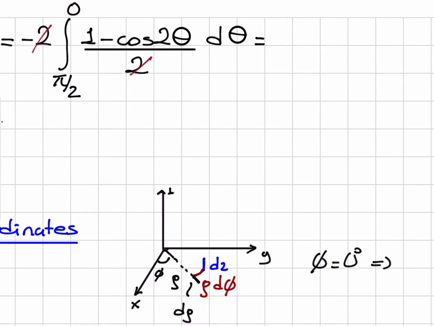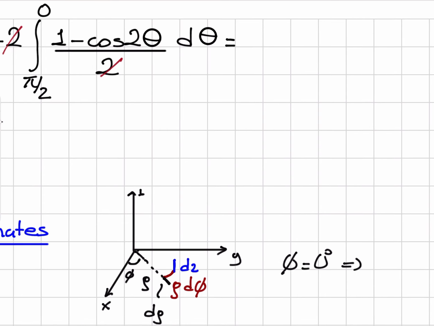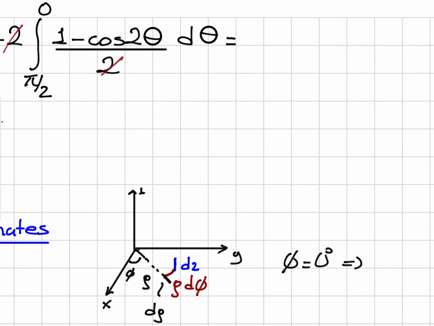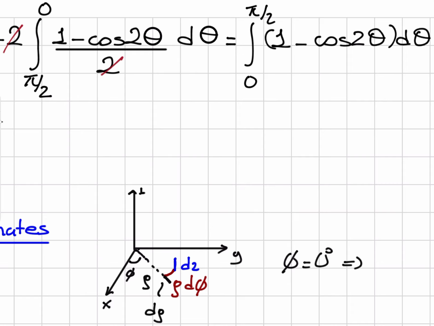And this will give me the integral 0 to pi over 2 of 1 minus cosine 2 theta d theta, operating the minus sign on the integration limits.